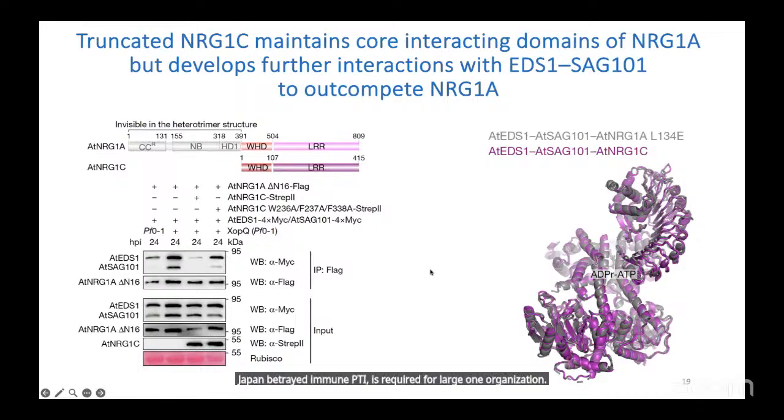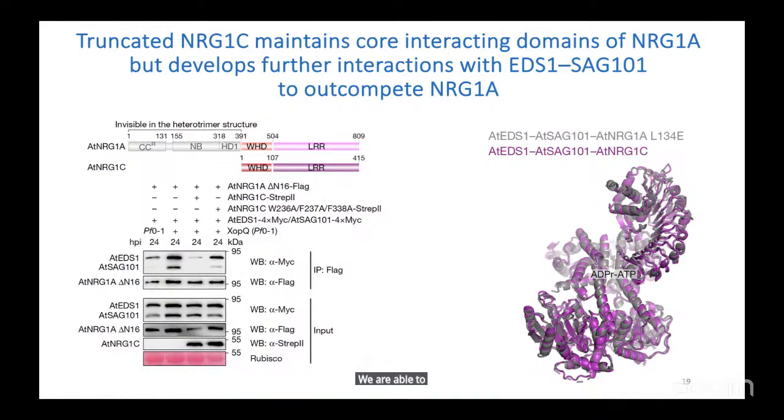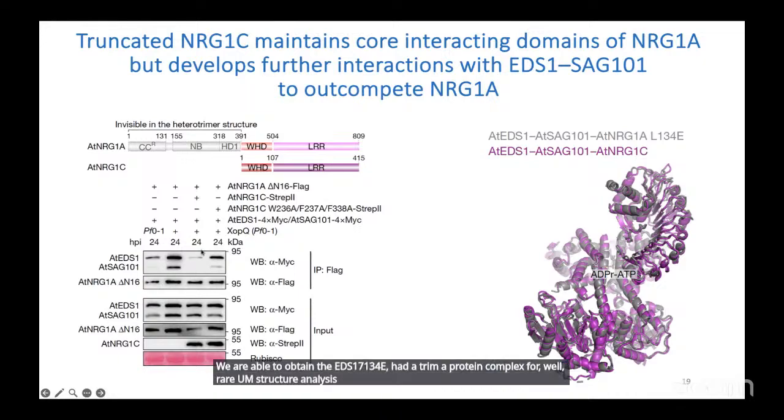And taking advantage of the NRG1A L134E mutant that stabilizes the EDS1, SAG101, NRG1A heterotrimer formation, we are able to obtain the EDS1, SAG101, NRG1A L134E heterotrimer protein complex for cryo-EM structure analysis, while wild-type NRG1A did not work.